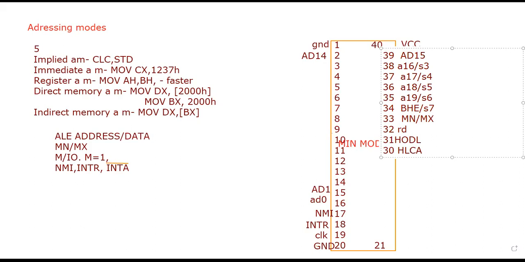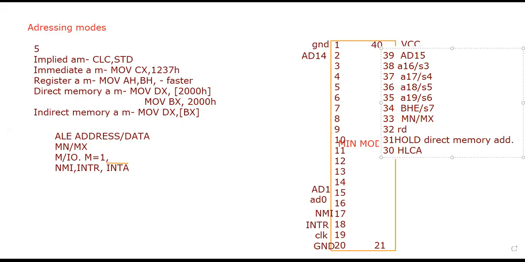So when this particular hold and hold acknowledgement is used, whenever you are going for direct memory access, if you are going to use direct memory access, then this particular pin is used.